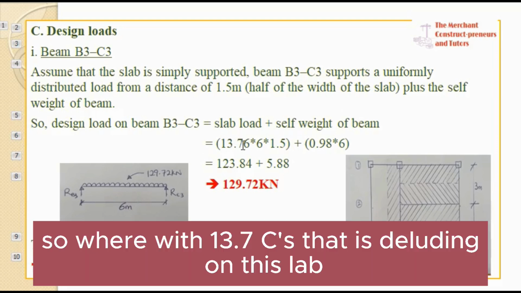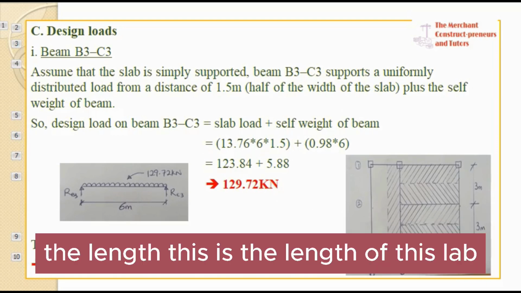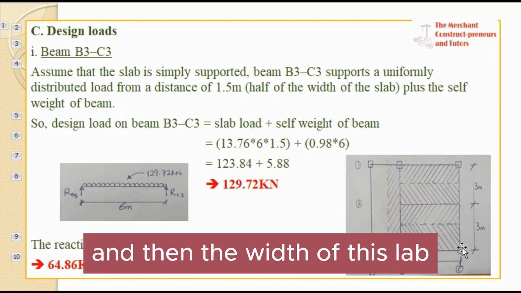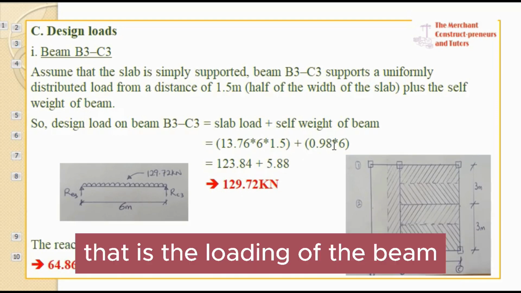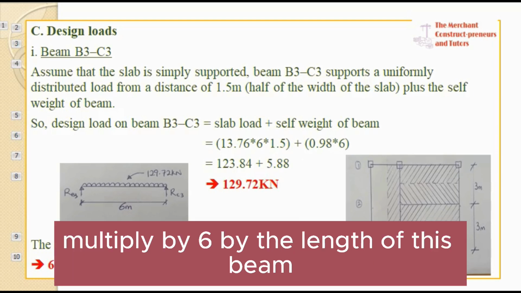We have 13.76, that is the loading on the slab, and we want to convert it to kilonewton. No issue. This is the width of the slab, 1.5, the load that is transferred there, 1.5, plus 0.98, that is the loading of the beam, the self weight of the beam, multiplied by 6, that is the length of this beam.